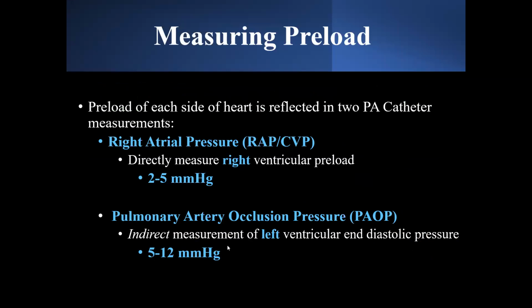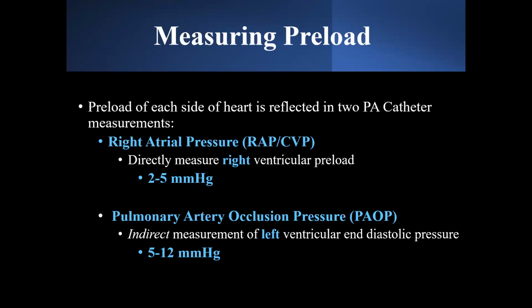So this is some more of your answers to your pretest. Remember what I said, divide the heart: right versus left. So preload, we're going to do the right atrial and the CVP on the right side, 2 to 5. And then your wedge pressure, 5 to 12 on the left side. So you fill in that little heart that I told you to fill in.